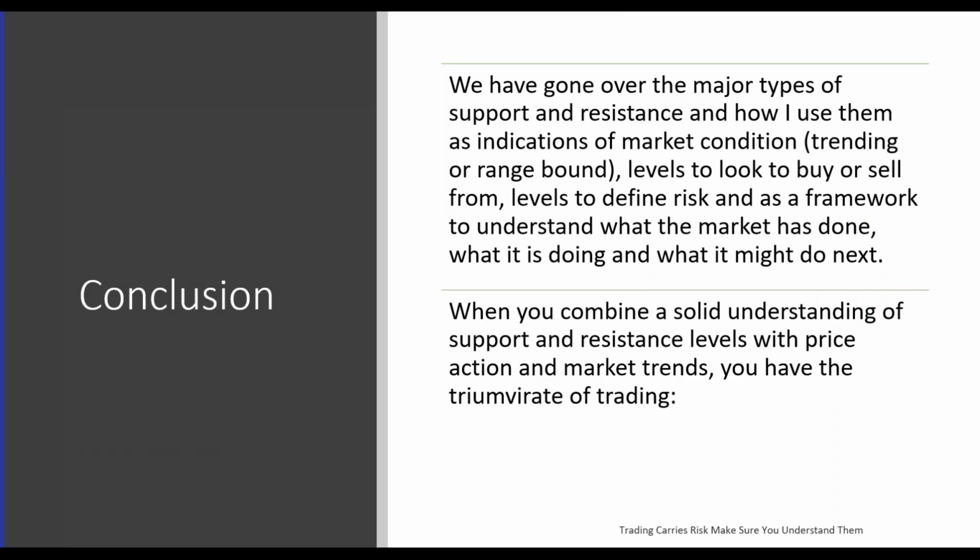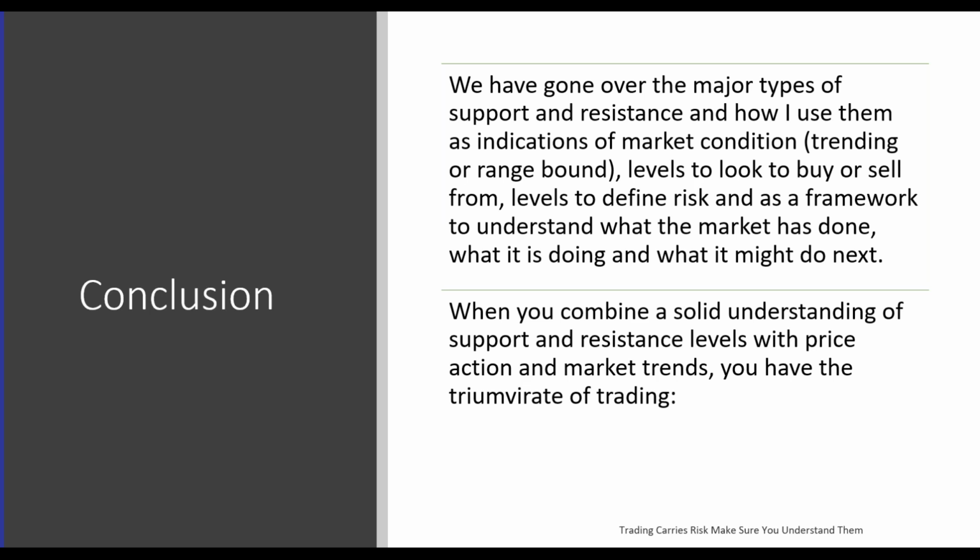Now we've gone over major types of support and resistance and how to interpret these with our elevator trading, and how I use them as an indication of market conditions, levels to look to buy or sell from, levels to define risk, and as a framework to understand what the market has done, what it is doing, and what it might do next. That's very unique about support and resistance levels.